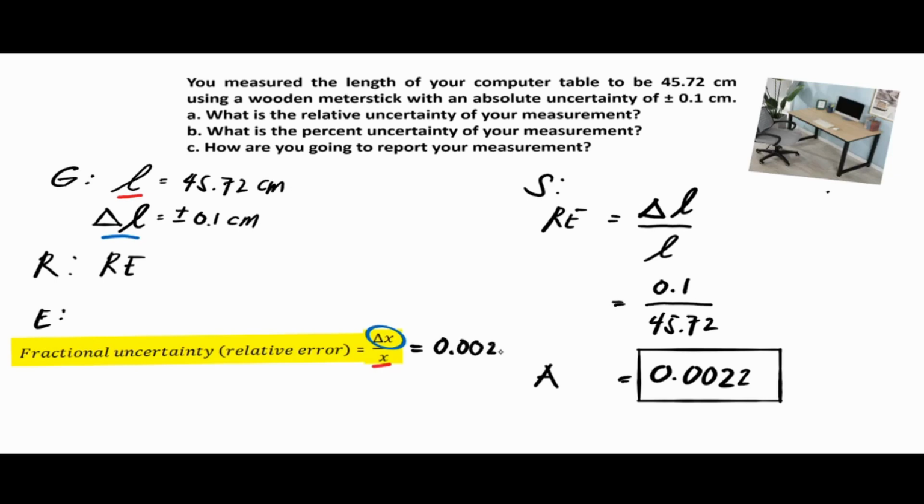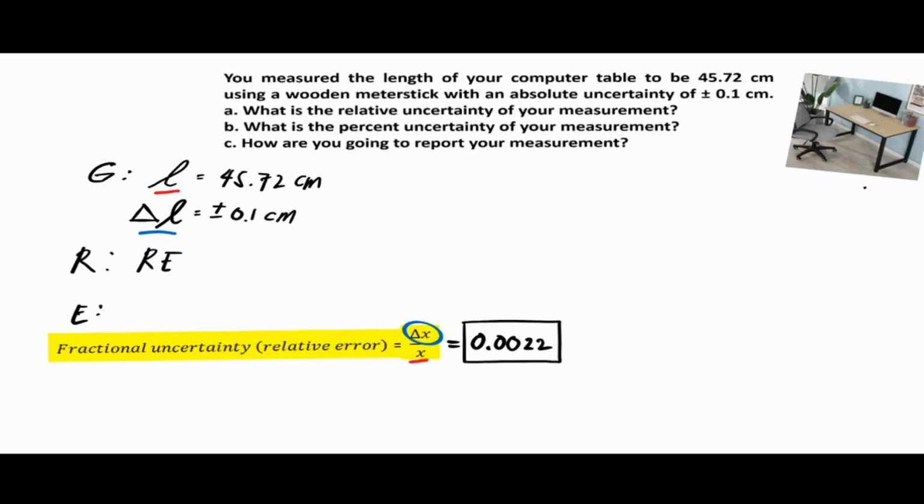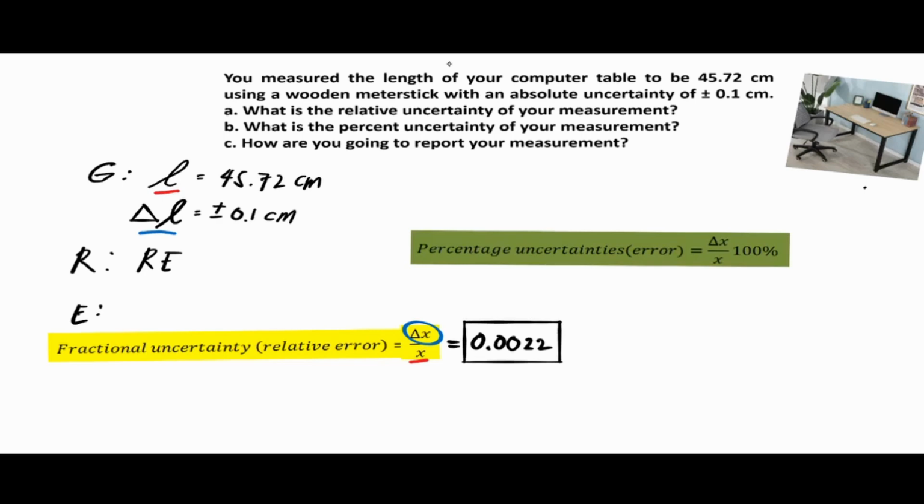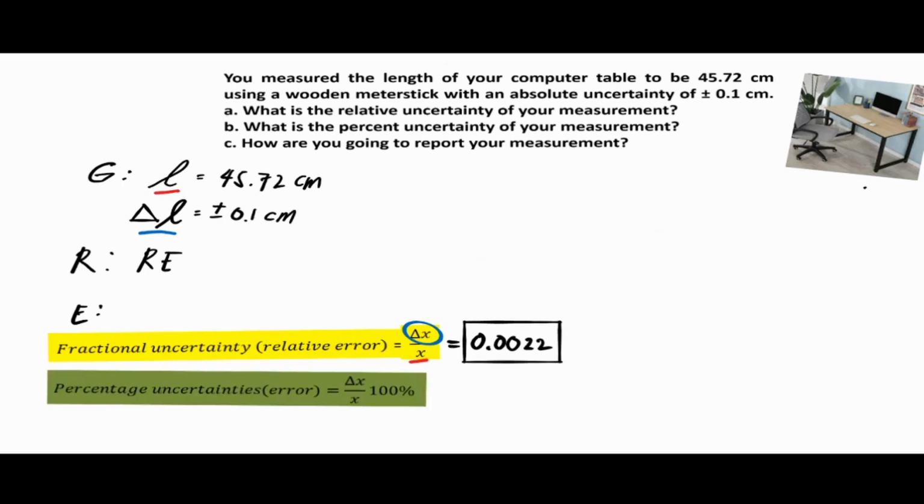For letter B, we are going to solve for the percent uncertainty with the equation: percentage uncertainty or error is equal to delta x divided by x multiplied by 100. So in our solution, percent uncertainty is equal to delta L, our absolute uncertainty, divided by L, our measured length, times 100.